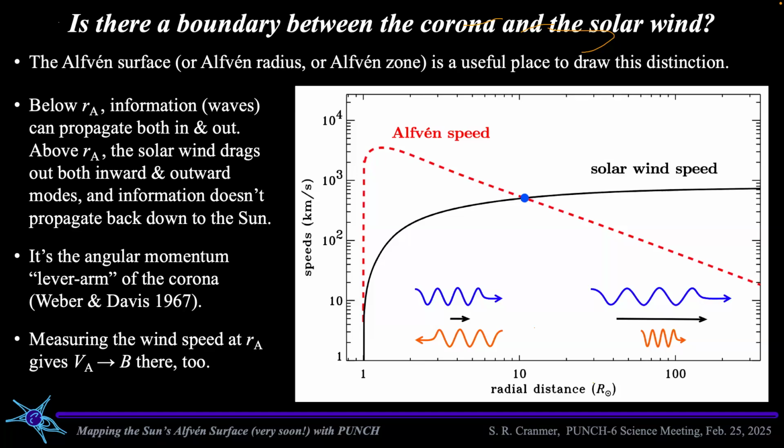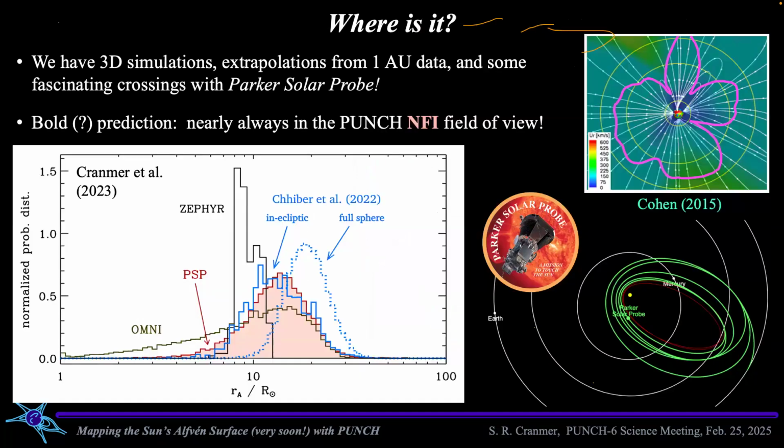And there's also an interesting observational trick: since you know that the Alfvén speed and the solar wind speed are equal at the Alfvén surface, if you can measure the solar wind speed there, you get the Alfvén speed, and you can also measure the magnetic field strength, which is a difficult thing to do in the corona. Of course, where is it? We've had decades of 3D simulations and extrapolations from measurements made at 1 AU, and now in the last few years, some actual crossings of the Alfvén surface with Parker Solar Probe.